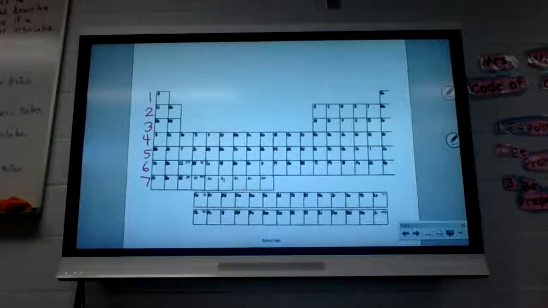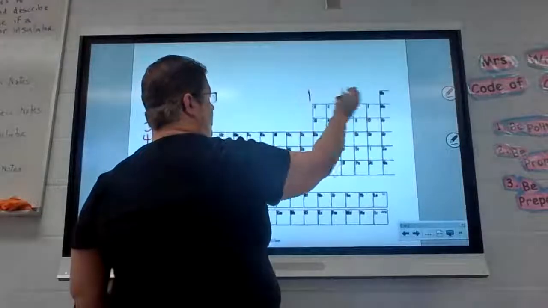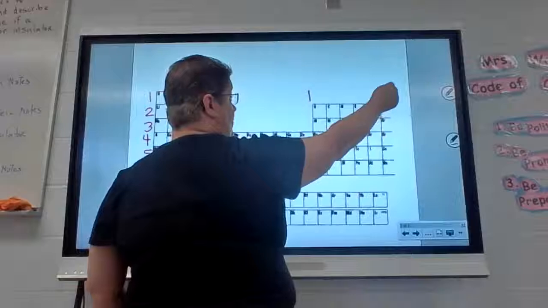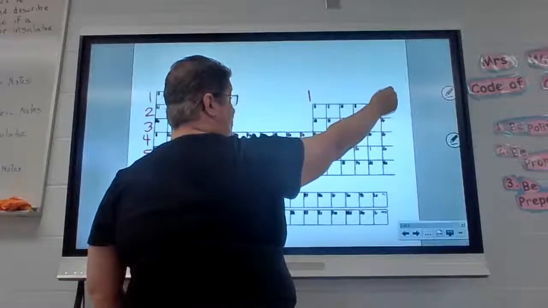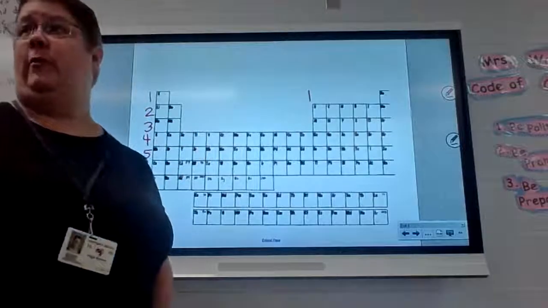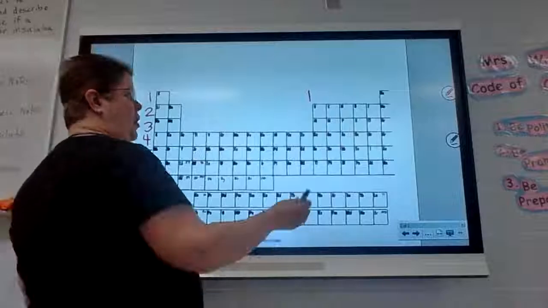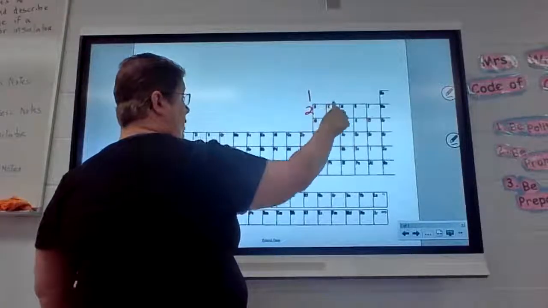So, when we fill in for P, now, some people like to write a 1 here because this was what color? Was it S or P over here? Yes. That was S, so they like to write a 1 there for S. I typically don't, but some people like to, so I give you that option. I prefer to start labeling here because this is what block?